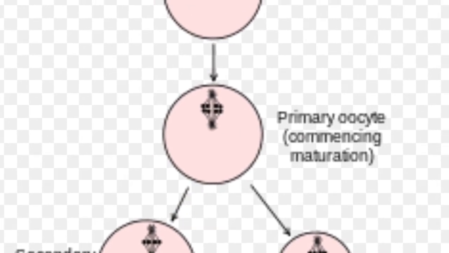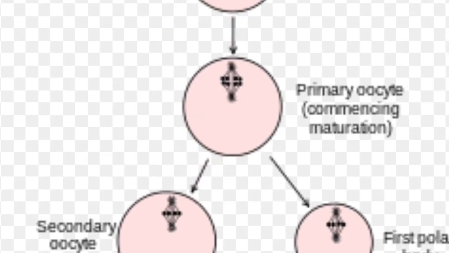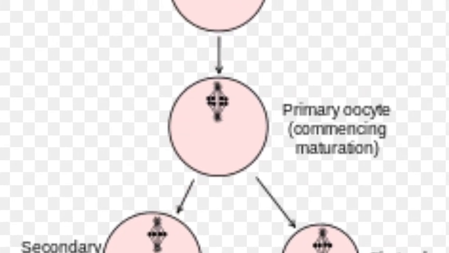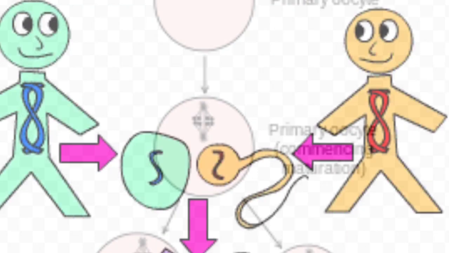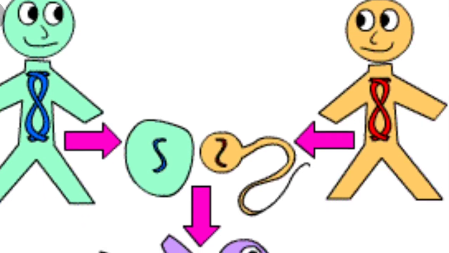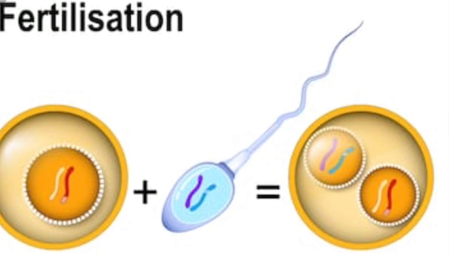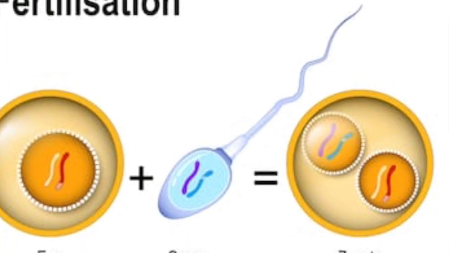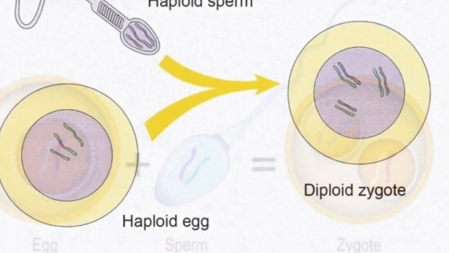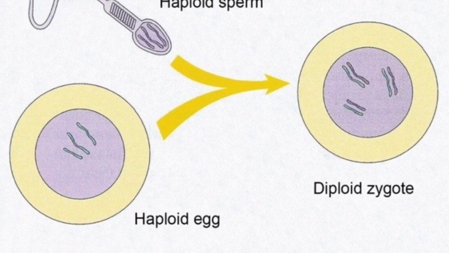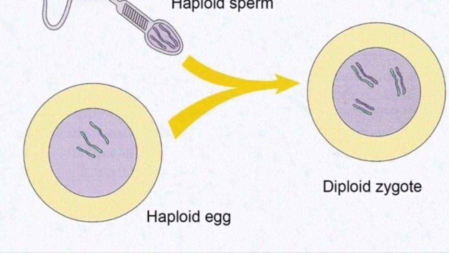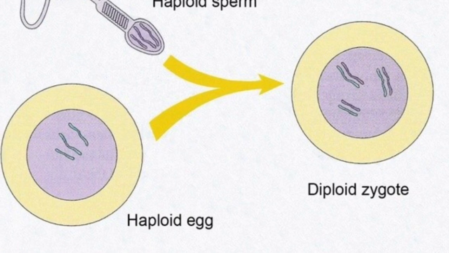And then in women or in females, we're going to get egg cells, and how we get that is through oogenesis, which means we're going to get 4 different eggs from meiosis. So remember, it's going to be through meiosis that we get our sex cells like sperm and egg.